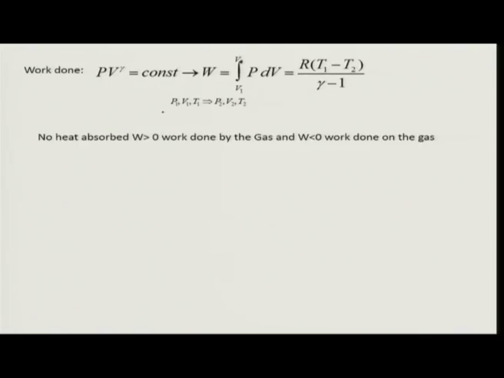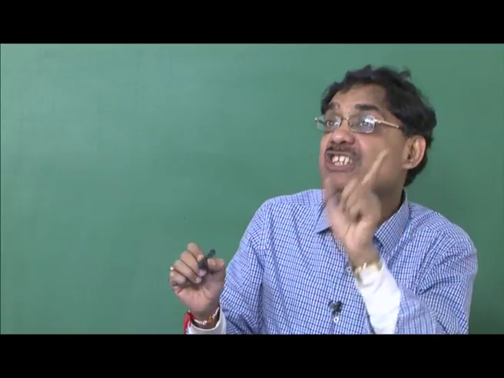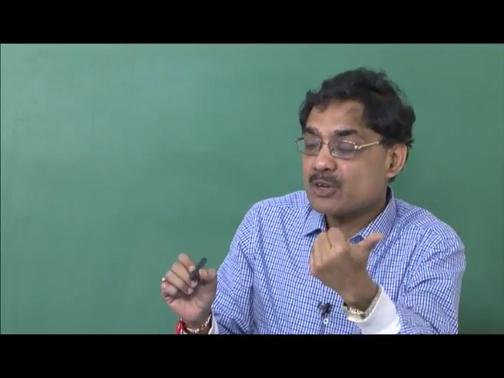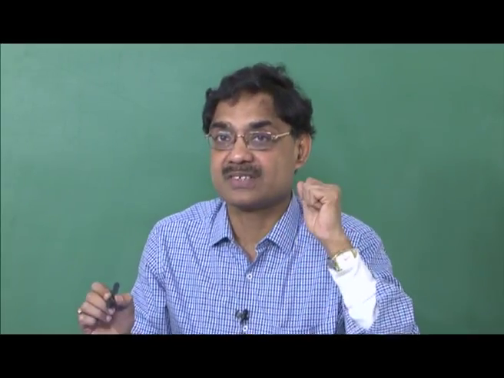Our initial purpose was to calculate the work done in an adiabatic process. An adiabatic process is complicated. You are going from P1, V1, T1 to P2, V2, T2. Earlier we were keeping one of them fixed. In isothermal process, I was having T fixed. Isochoric process, I was having V fixed.